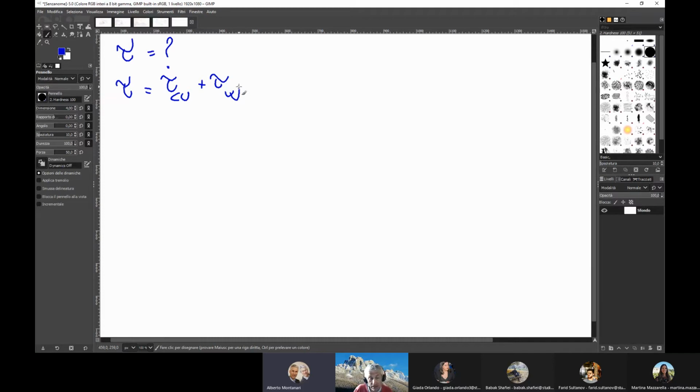And precisely, we can write that tau, and let's refer to currents, is given by a classical formula in hydrodynamics: 1/2 rho, the density of seawater, and then a friction factor we can call FCU, and then you have to compute the velocity of the current, let's call it u prime, and multiply by u prime square.